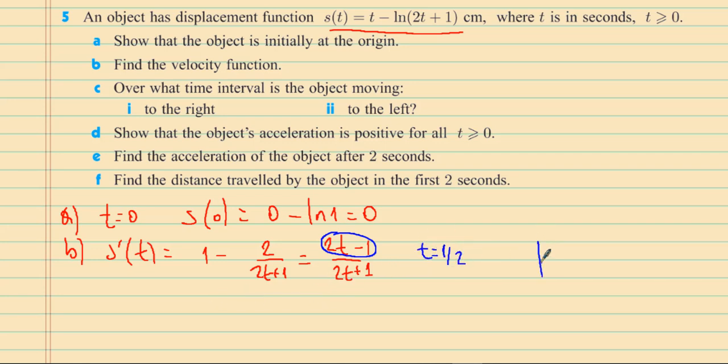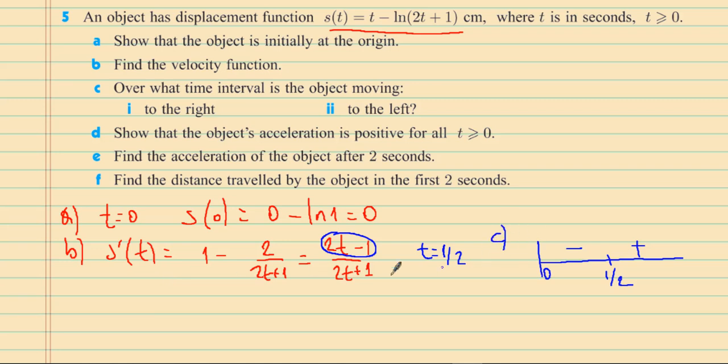If I draw the sign diagram, when t is between 0 and 1 by 2, we will have negative, and when it is more than 1 by 2, it's positive. So what does it mean? Between 0 and 1 by 2, you're moving to the left, and after 1 by 2, you're moving to the right, the time, of course.